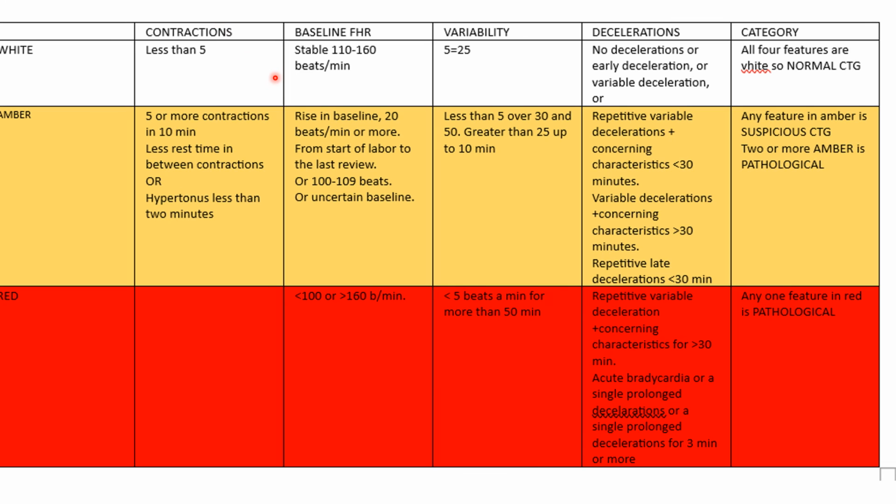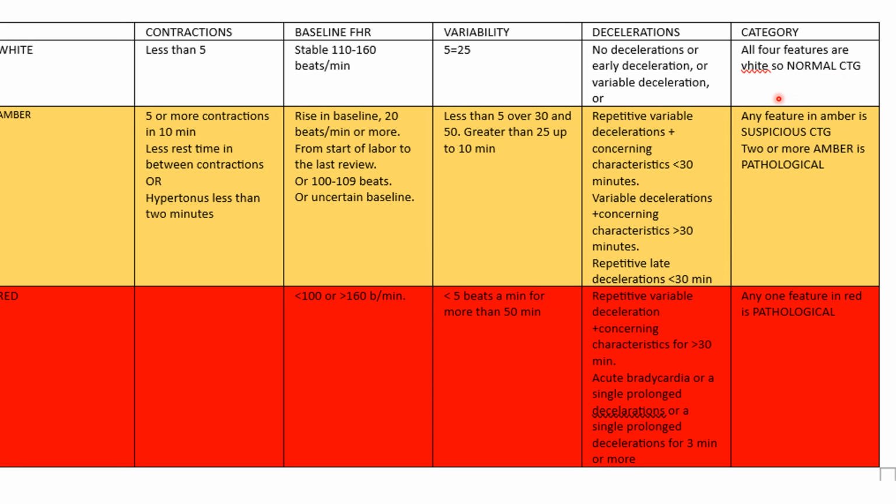And as we have noted before, there are 4 important parts to it: the uterine contractions, the baseline, whether it is high, whether it is low, whether there's a rise during the CTG recording, what the variability is, and whether there are any decelerations.